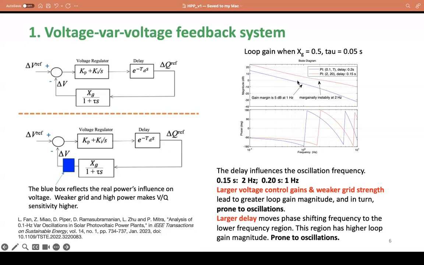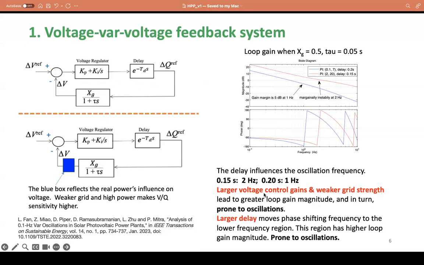Now the next thing that we're looking at is the loop gain magnitude. If the gain is large, then the system will be pushed above 0 dB at the shifting frequency, and the system will suffer oscillations. Otherwise, the system is stable. So the gain of the voltage controller influences the stability.